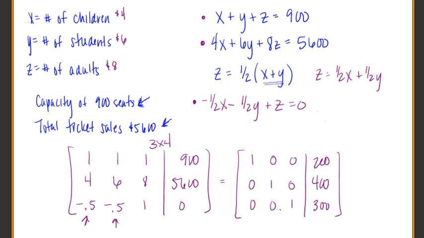Specifically, the question only wants to know how many children attended the show. Well, children was represented by X, which is this very first row. So the final answer is 200 children attended. If it wanted the number of adults, you would say 300 adults. If it wanted the number of students, you would say 400 students.